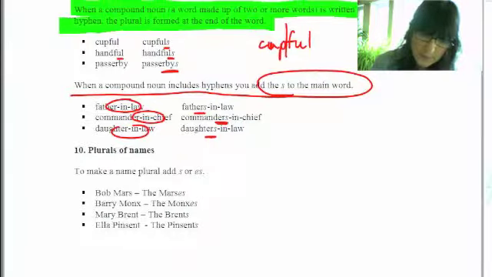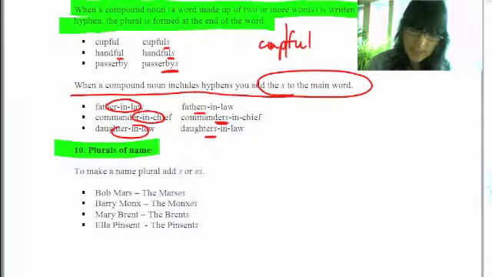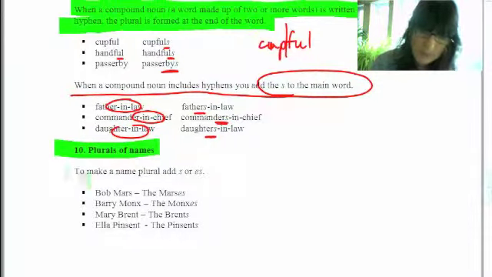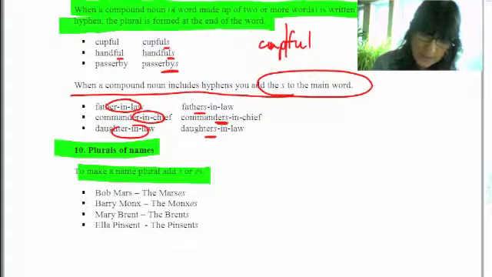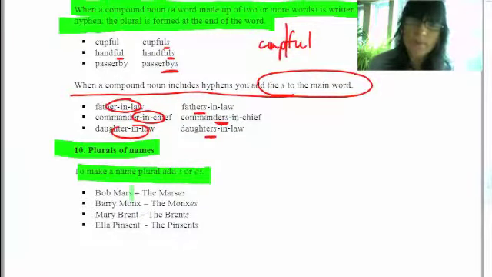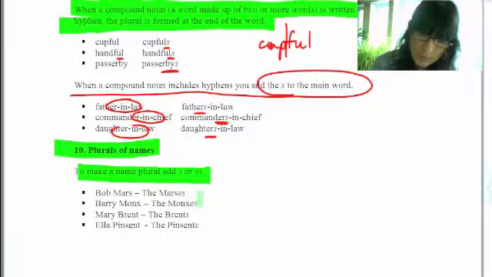The last and final rule that I'd like to point out is, how do you pluralize names? Well, to make a name plural, you add either an S or an ES, depending on the ending of the word. So if the person's name is Bob Mars, and you're talking about all the Marses in the family, you're looking at all the members of the family, you would add an ES, Marses.